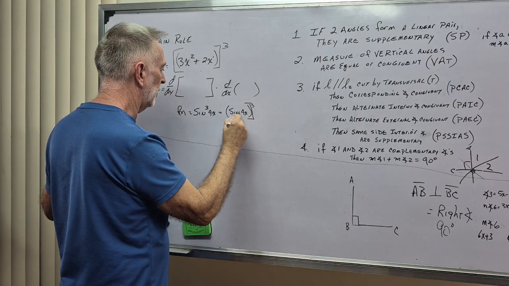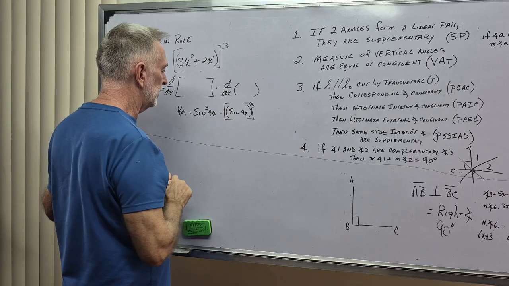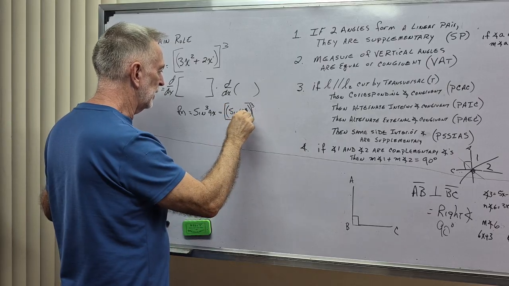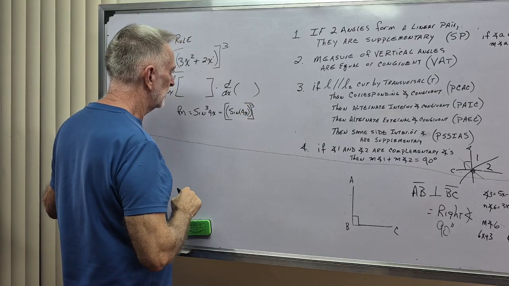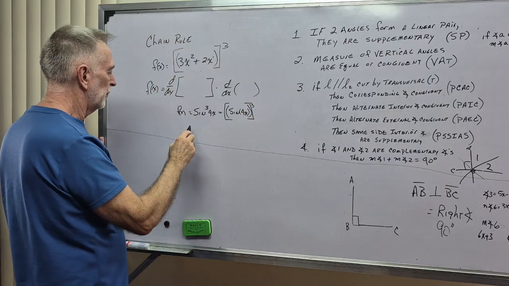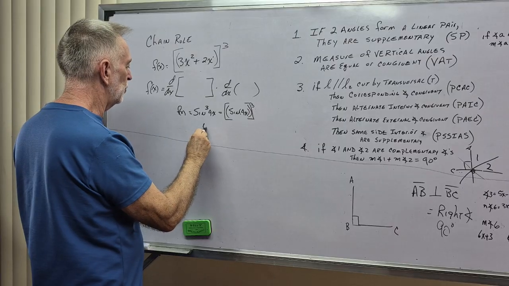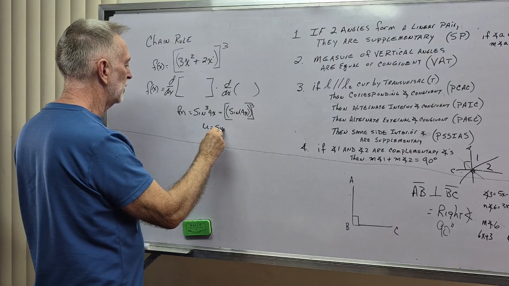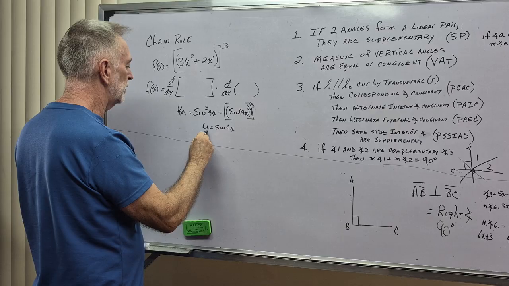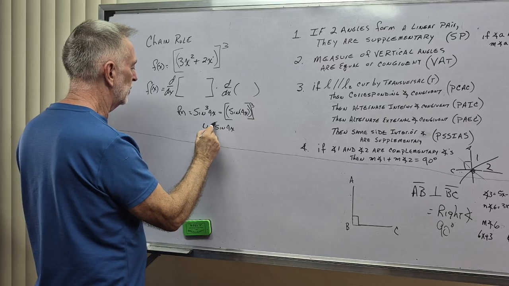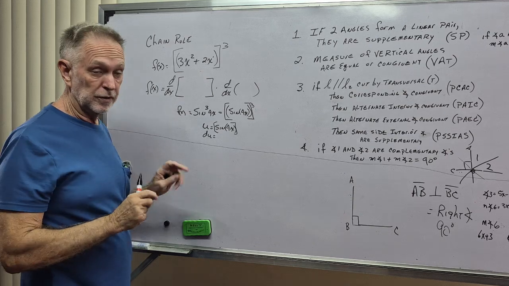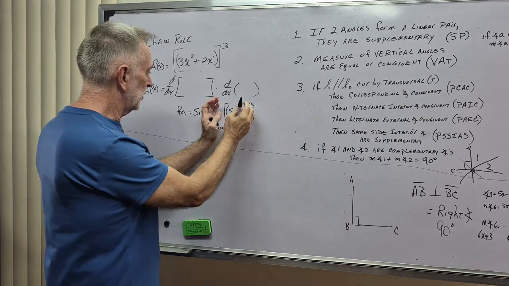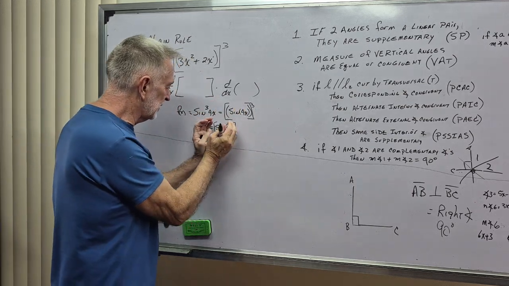So now I have an outside function and I have an inside function. I actually have more than one inside function. So let's let u equal sine 4x. So now I have that situation, right? So I can go a little deeper into that.